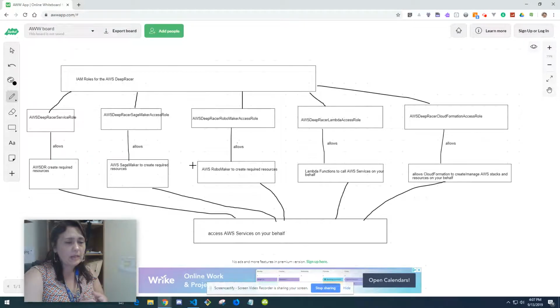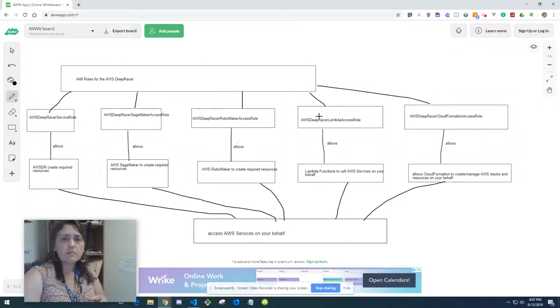You can customize that to whatever you need it to be. So you can see the relationship, like the DeepRacer service role allows you to create the resources and access services on your behalf. That is an example of how IAM is used within AWS.